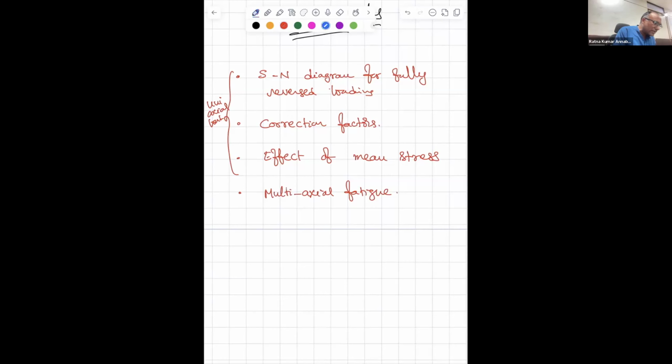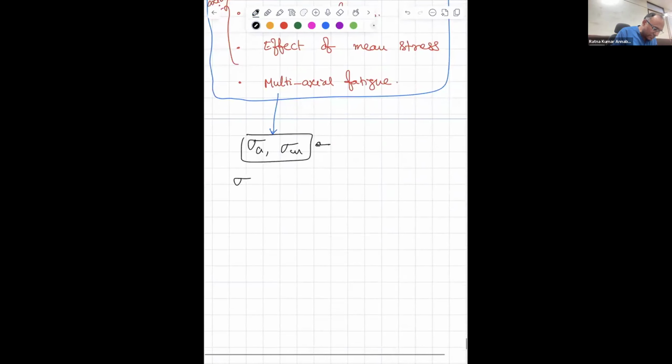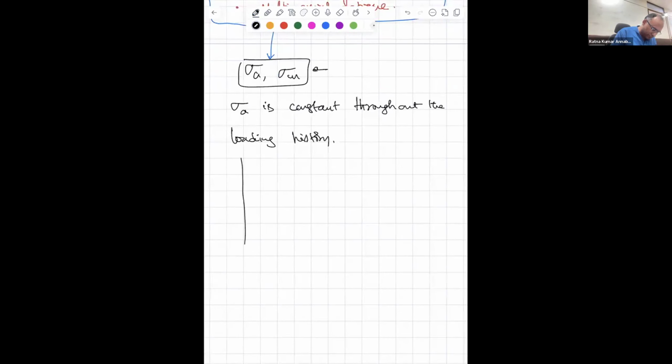And today we have finished multi-axial fatigue, and up to here we only said what is stress amplitude and mean stress, right? Which has an underlying assumption that stress amplitude is constant throughout the loading history. But in reality, sometimes the machine components are subjected to this kind of loading.